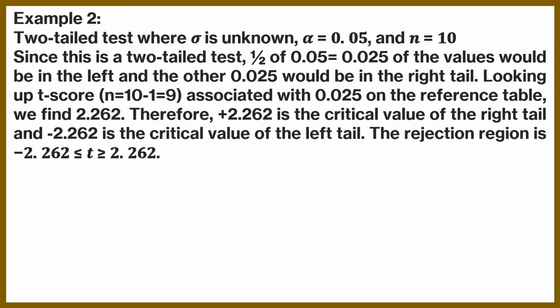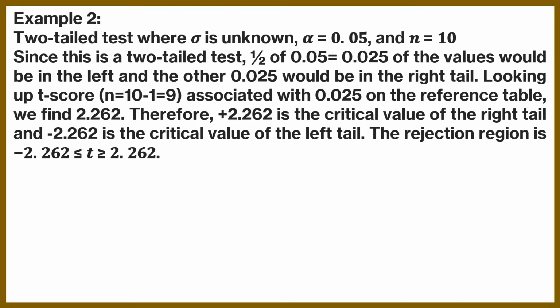So looking up in the t-score, sa t-distribution tayo kasi ang ating sample size is less than 30. Therefore, t-distribution. Kailangan ma-identify natin yung degrees of freedom, which is 10 minus 1, or the sample size minus 1. So we have here 9. Tingin tayo sa row 9, and then under row 9, tingnan natin yung column 0.025 ng two-tailed test.